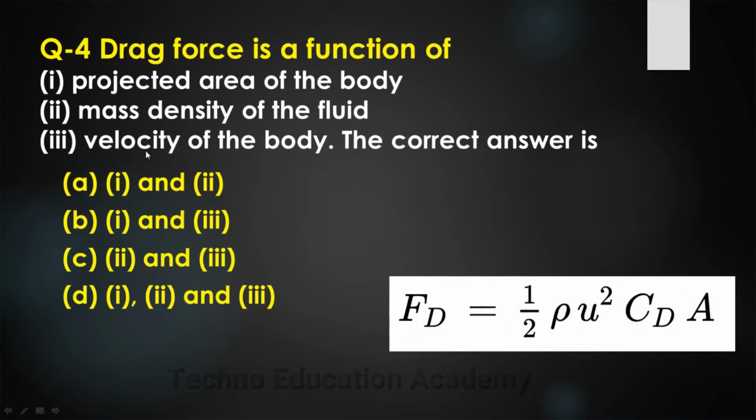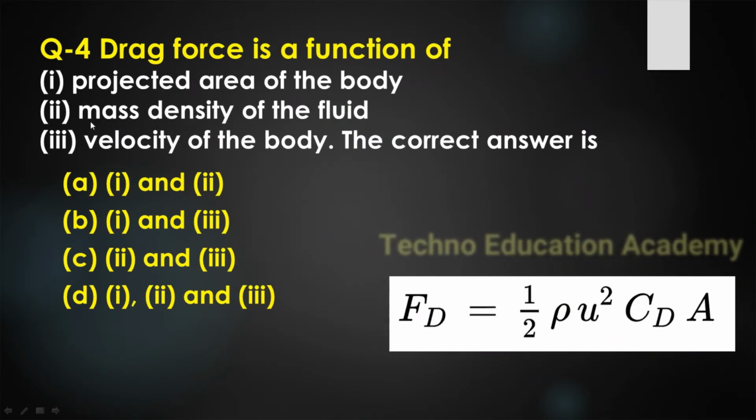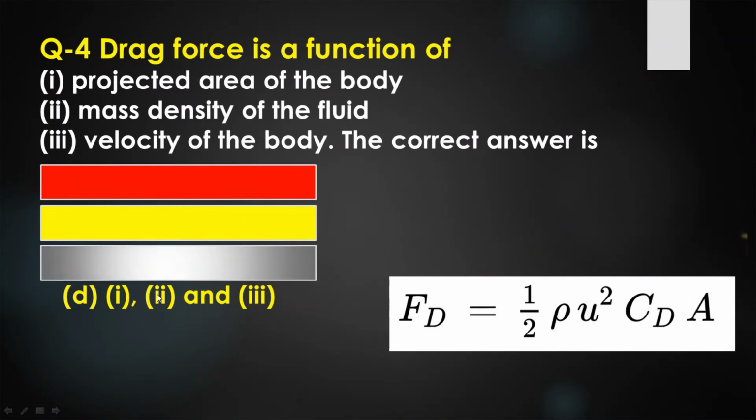And third, velocity of the body. Here you can see that the drag force is a function of velocity. So options 1, 2 and 3 are all related with the drag force. It is a function of projected area as well as mass density and velocity of the body. So the right answer is option D, first, second and third.